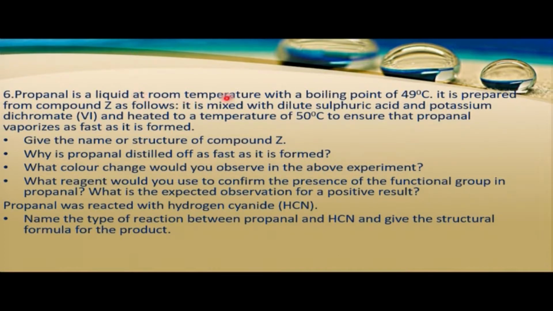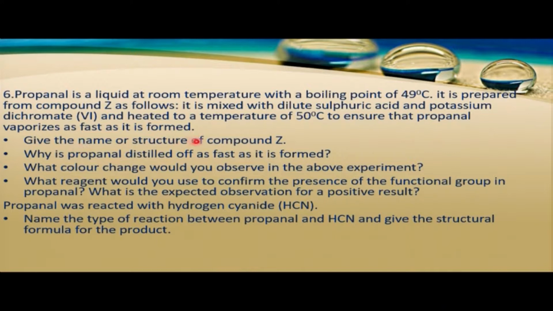Propanal is a liquid at room temperature with a boiling point of 49 degrees Celsius. It is prepared from compound Z as follows. It is mixed with dilute sulfuric acid and potassium dichromate. This is an oxidation at this temperature to ensure that propanal vaporizes as fast as it is formed.